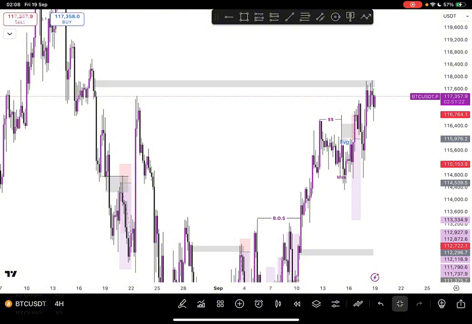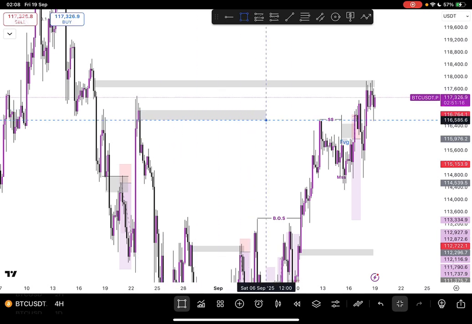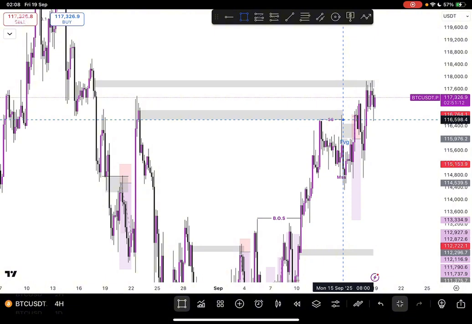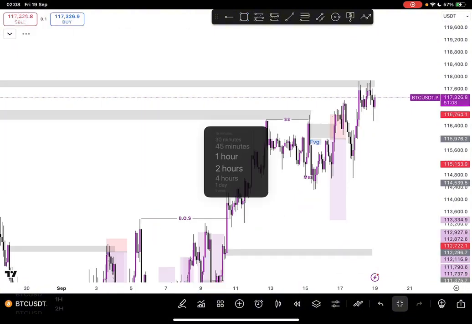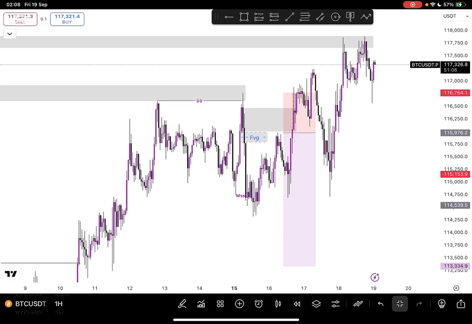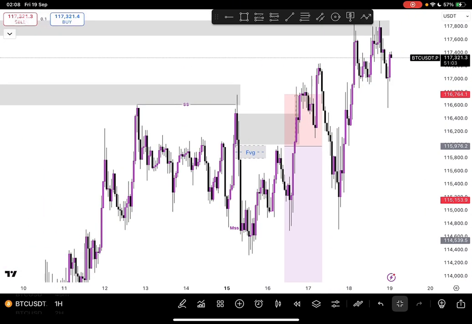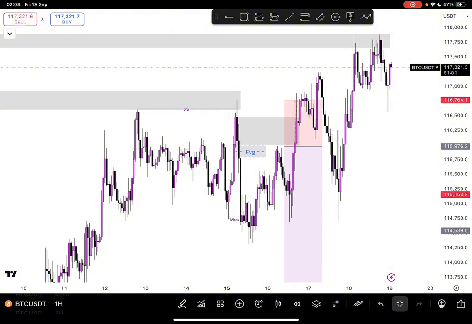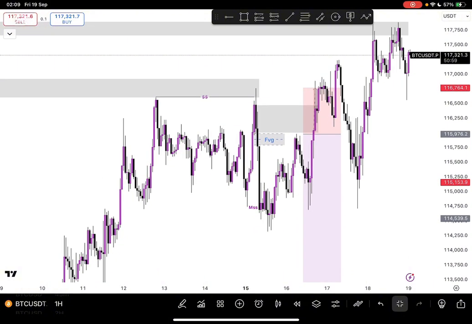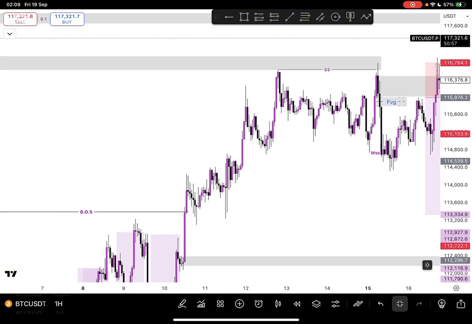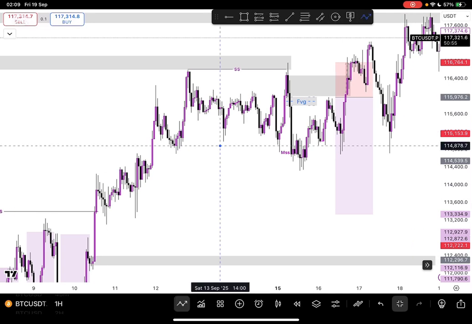On the weekend here, I noticed the market was reacting from this 4 hours POI, this order block that I just mapped out here. Although I wasn't really expecting price to react, I was just waiting, because I have this POI down here.